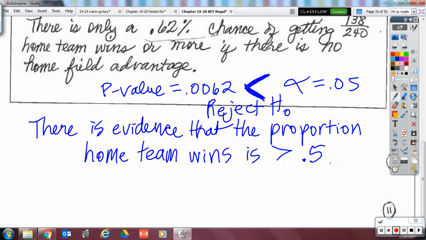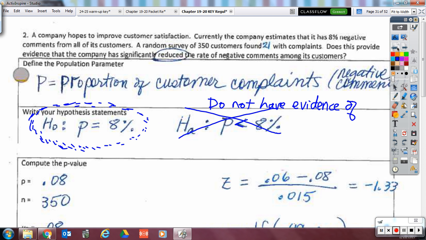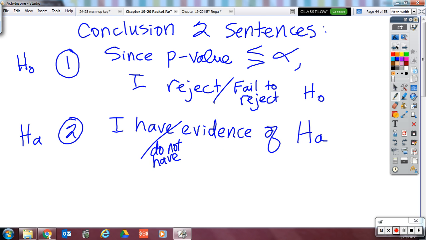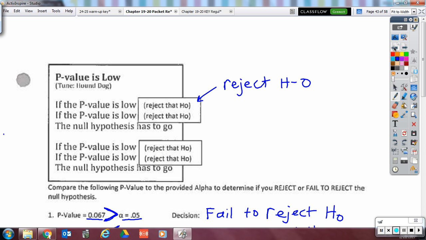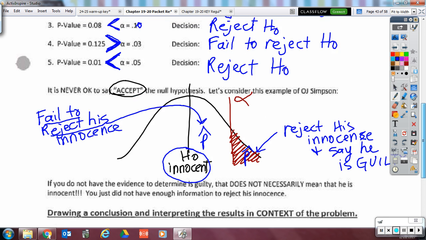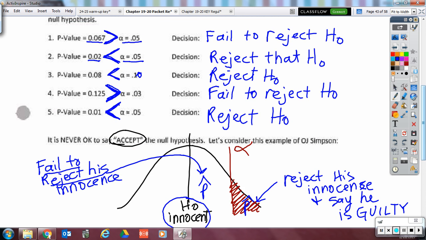Okay, so in summary, before I let you do this on your own, today we talked about the alpha and p-value being low and such. If the p-value is low, what can you do?